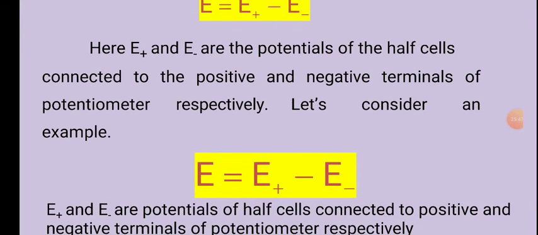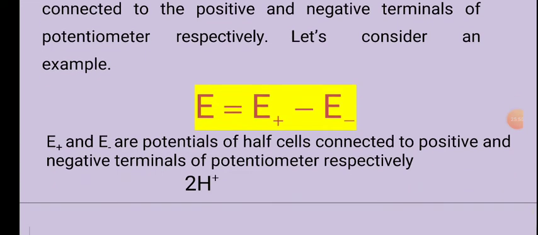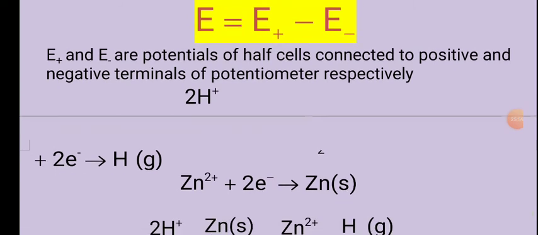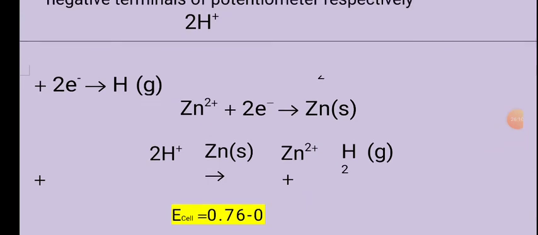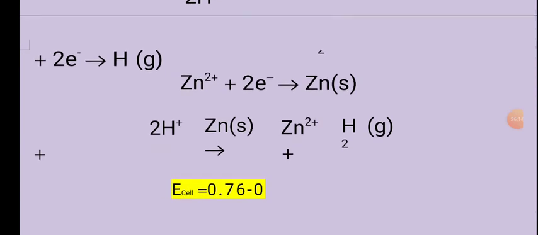Now if the two terminals are attached, then there will be a cell potential E. This is the type of reaction I have already discussed in the first two slides about the voltaic cell.